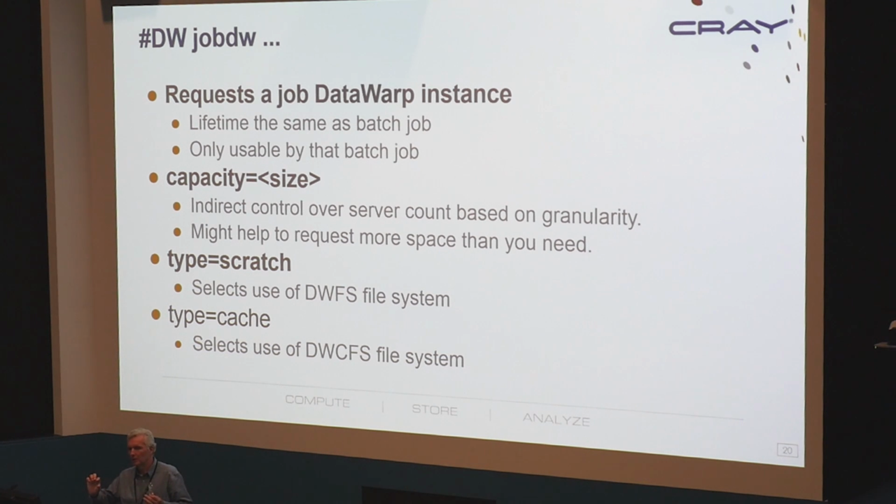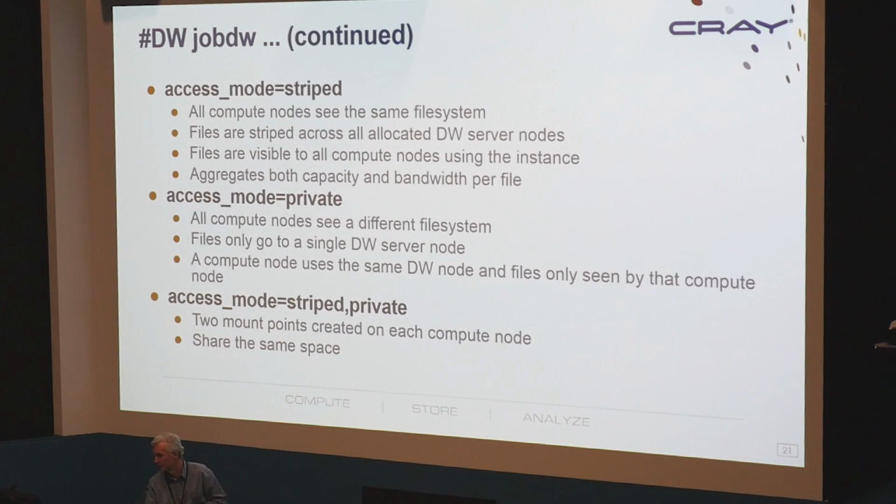The administrator will assign a particular granularity to DataWarp. So if you have multiples of those components of granularity, you end up with multiple DataWarp nodes. Then you define what type of storage you want to use, whether it's scratch or cache, or however you want to actually use it.